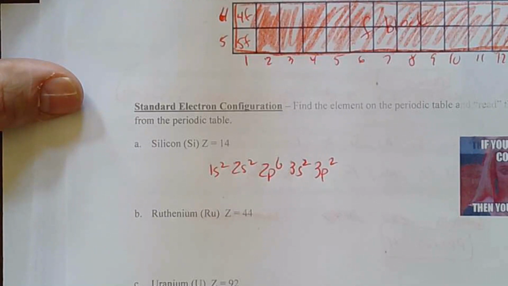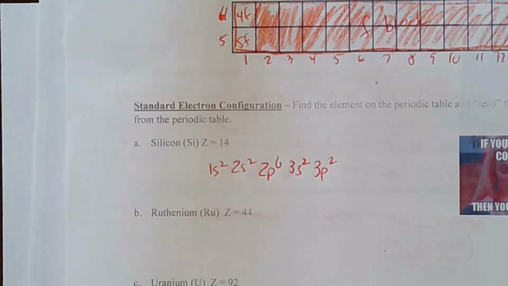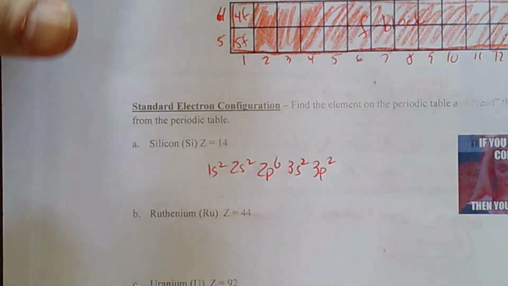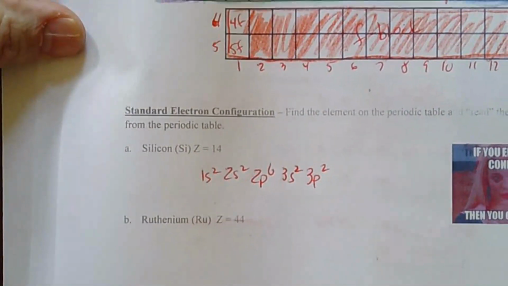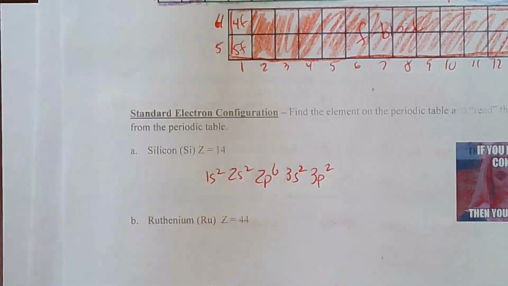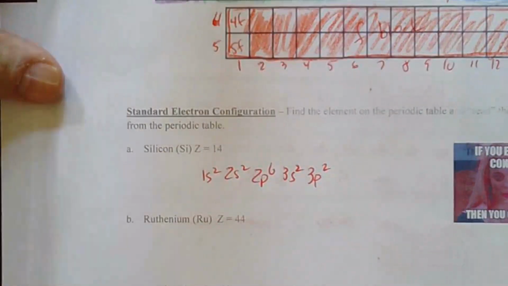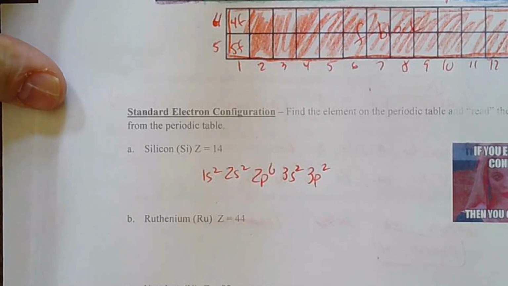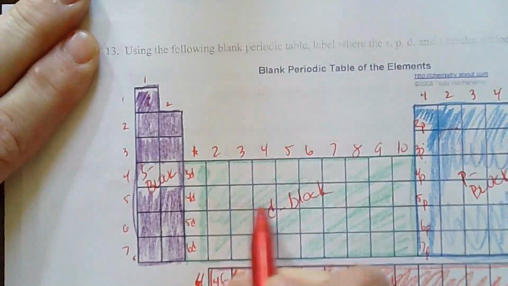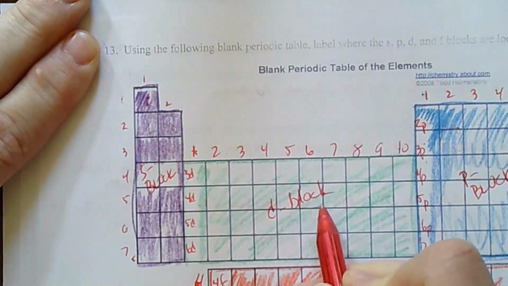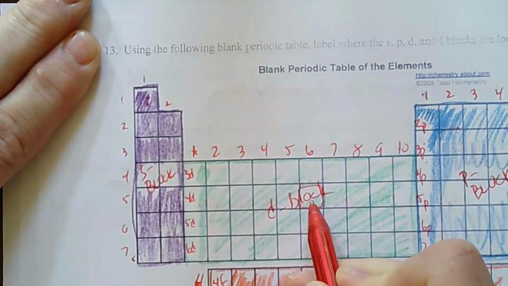Okay, now go on to this next one, ruthenium. Ruthenium is number 44. That means it has 44 electrons, and that's also on the table. It is 1, 2, 3, 4, 5, 6. It is right here on the table.